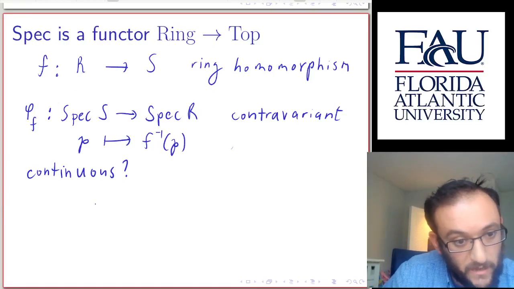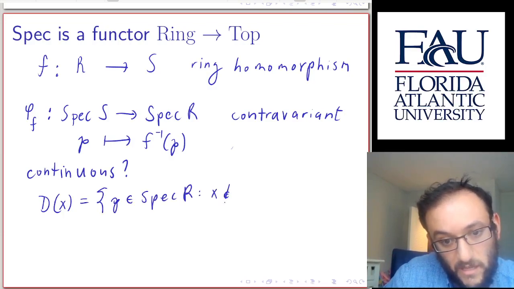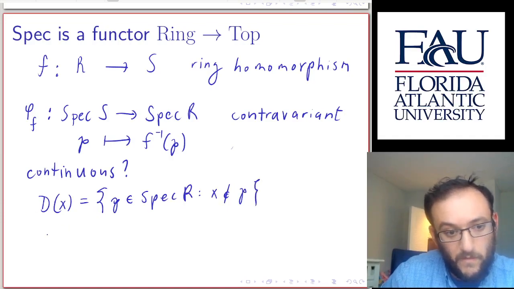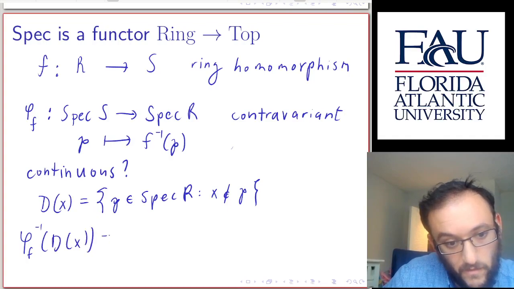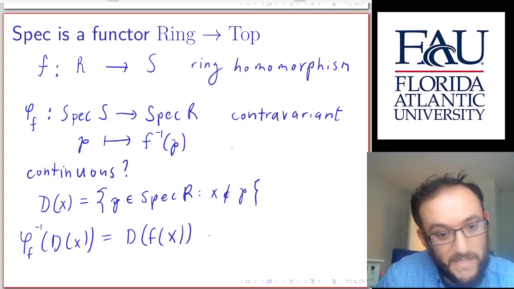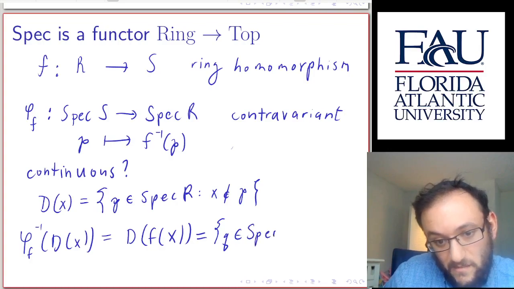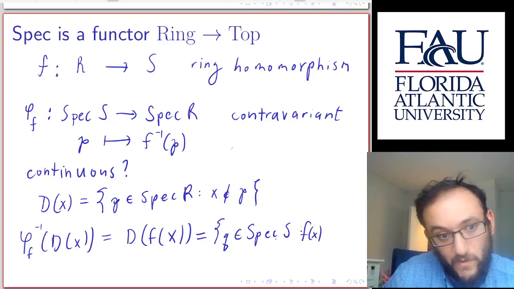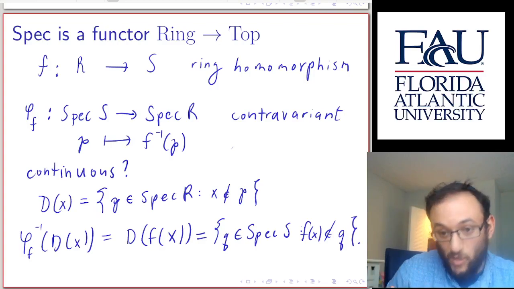If we look at the distinguished open corresponding to X, so this is the set of P in Spec R such that X is not in P, the preimage under phi F of this set is going to be D of F of X. Obviously, another basic open set, and this is just the set of primes in Spec S not containing F of X. Because you can recall F maps R to S. And the fact that the preimage of an open set is open is enough to tell us that this is a continuous map.